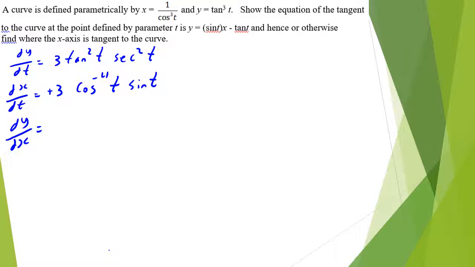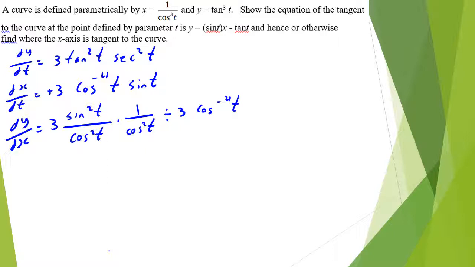So that will give me 3, instead of the tan, sine square t over cosine square t, times, instead of the sec, 1 over cosine square t, divided by 3 cosine to the power of negative 4 t sine t.